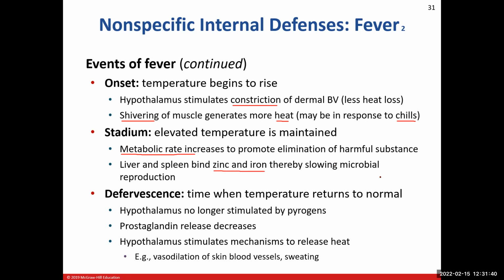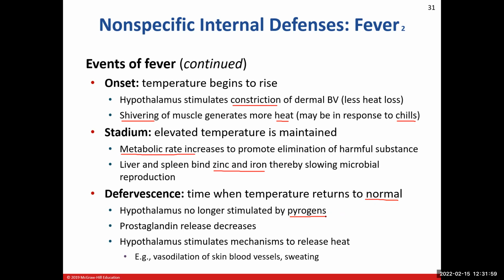And then finally, we've got the defervescence. When we return our body temperature back to normal, the hypothalamus is no longer going to be stimulated by the pyrogens from the cells and the infectious cells, because they're no longer being produced.